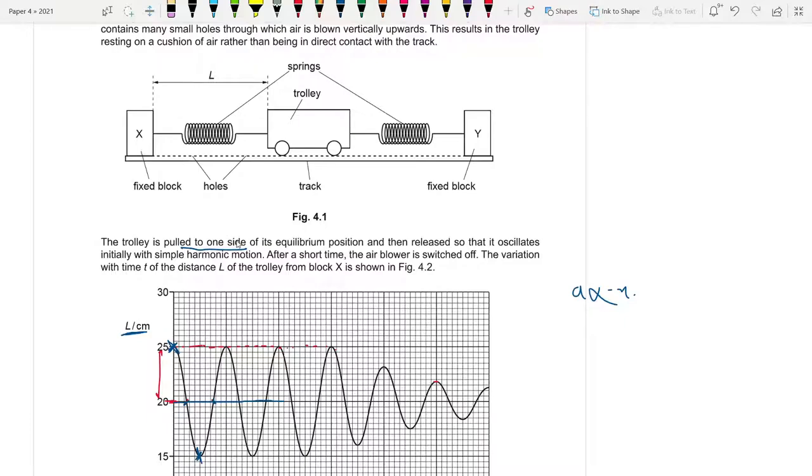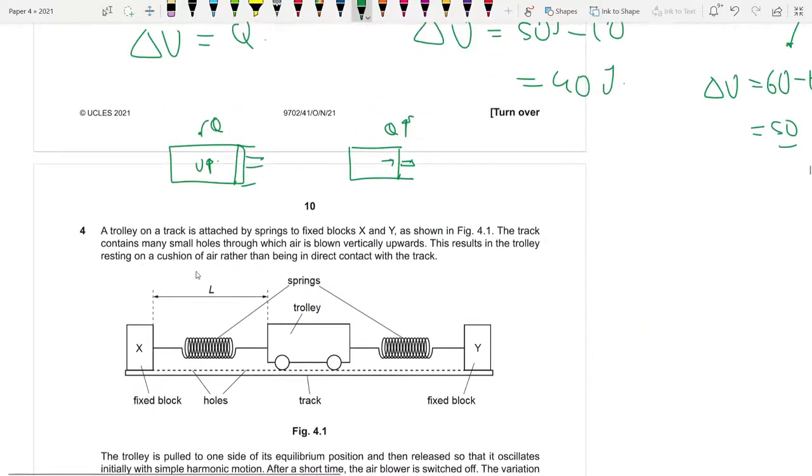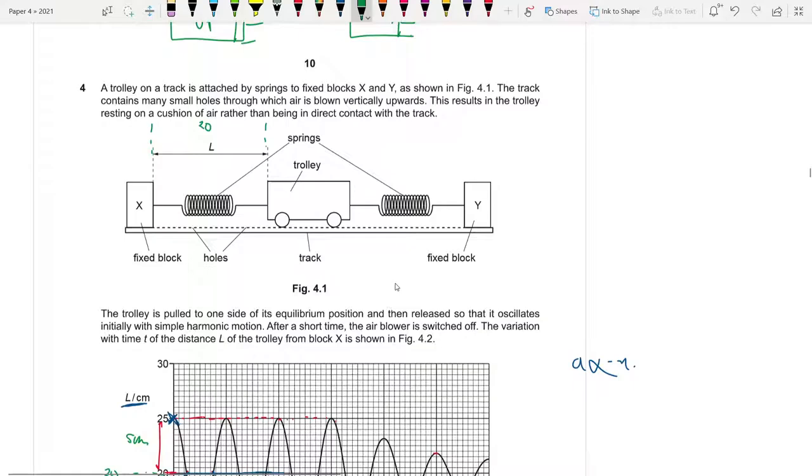Now, let's try to understand the logic. The length of the spring was initially 20. How do I know this? Basically, look at this. From the figure, the equilibrium position is at 20. See? It's equally spaced. What's the amplitude of vibration initially? 5 centimeters. So what actually happened? This is 20 initially, and suppose it is displaced to one side.